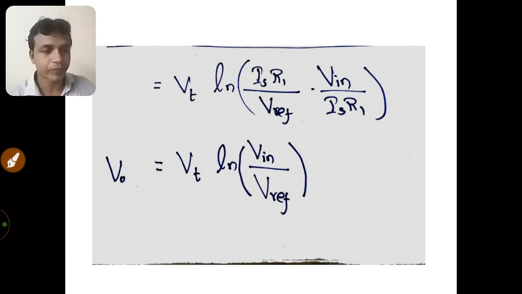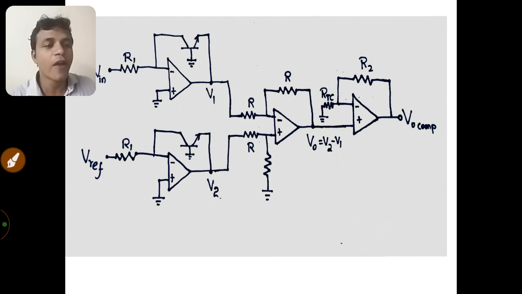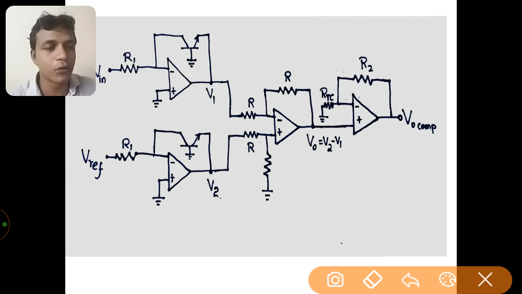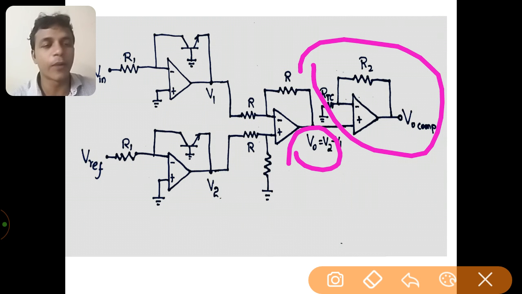Again, what are we doing in the temperature compensated logarithmic amplifier circuit? We pass this V0 voltage to the non-inverting amplifier circuit, and the output of this non-inverting amplifier circuit is considered the final, temperature compensated output of the logarithmic amplifier.